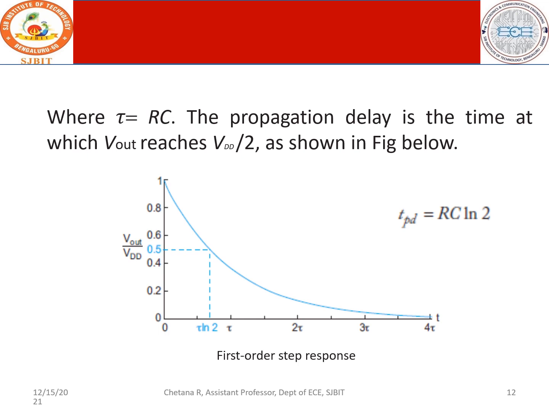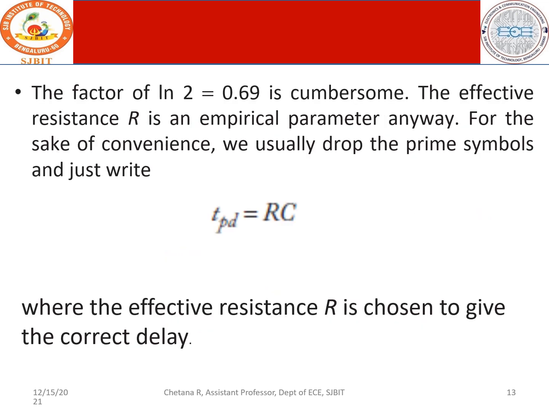Now tau, the delay constant, is given as RC. The propagation delay is the time at which Vout reaches VDD by 2, as we have already discussed. Therefore tPD is given as RC ln 2, but it has been found out to be 0.69, which is cumbersome.